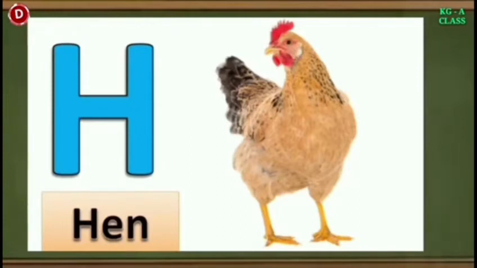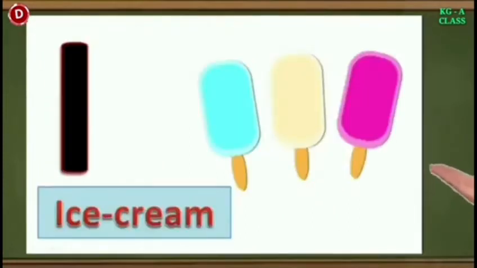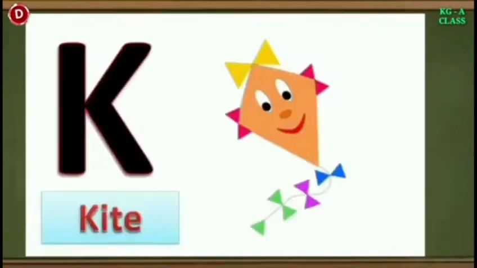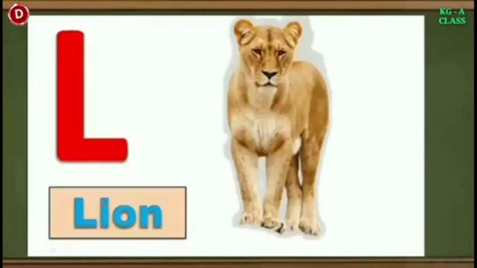Children, the next letter is I. I for ice cream. We all love to eat ice cream in summers. Now comes J. J for jug. Children, after J, this is K. K for kite.